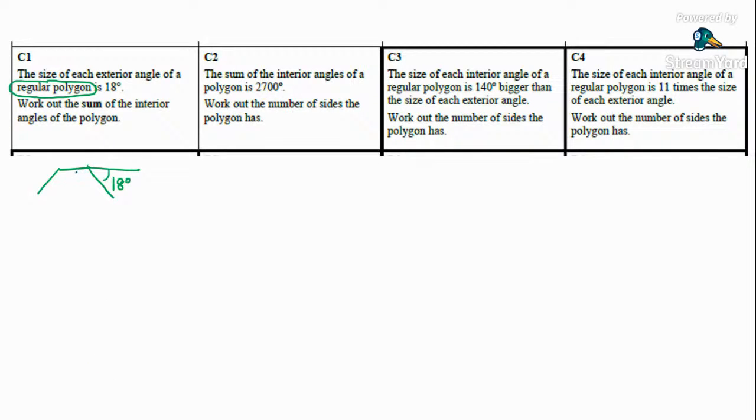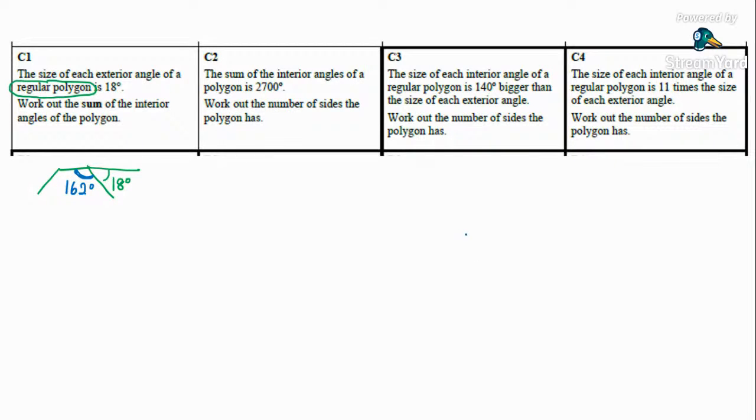I take this approach, which is finding one of the interior angles. I know that the interior angle is equal to 180 minus 18, which gives me 162. So it has 162 degree as the interior angle.